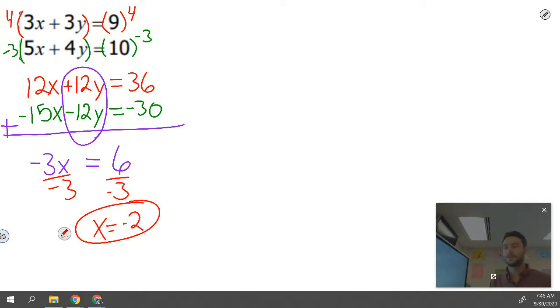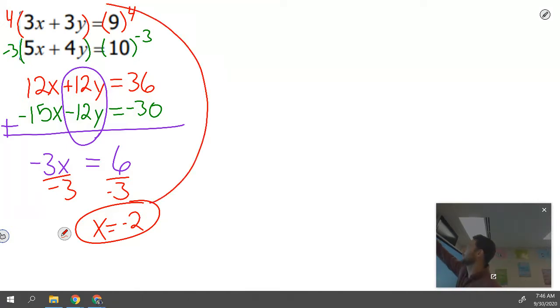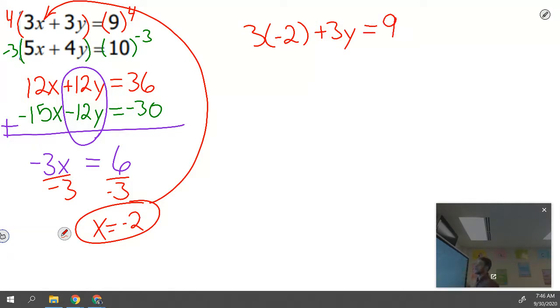There's a bunch of different places you can plug it in. Either of the black equations, the red equation, the green equation, all of it would work. I'll go back up and plug it into one of the black equations just because the numbers are a little smaller. Let's do here. So I plug it back into the original equation. That's always a good bet.